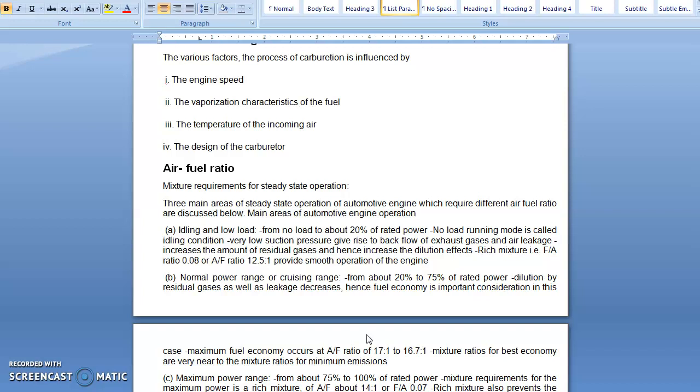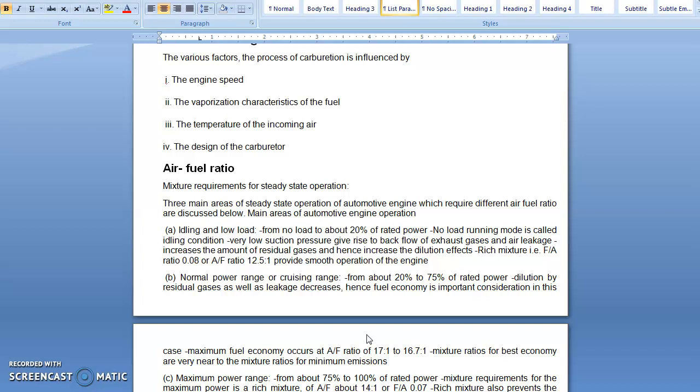The carburetor must supply the air and fuel mixture in varying proportions to suit the different engine operating conditions. The mixture must be rich for starting and relatively lean for idling and intermediate speeds. So, the air-fuel ratio must be proper.